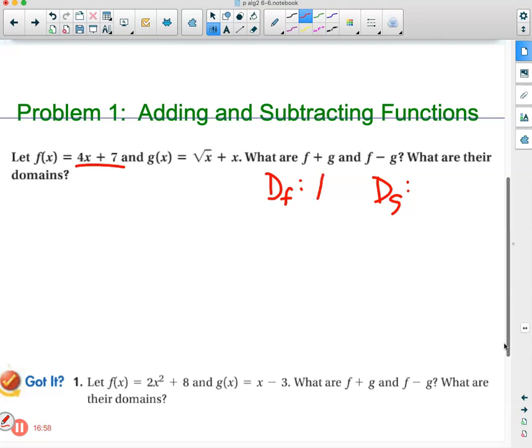We have a symbol for all real numbers in math, and it's an R with an extra line on the left-hand side. So capital R with an extra line. You could write out all real numbers if you want to, but like I said, we mathematicians, we're lazy. We like symbols.